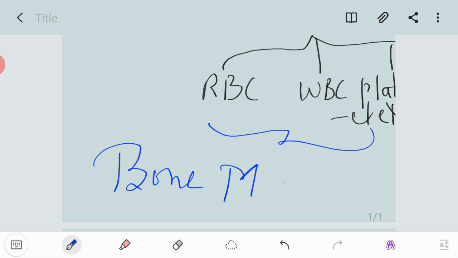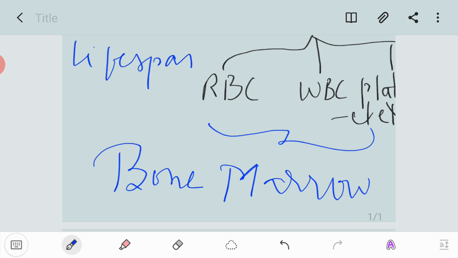So remember, they are produced from bone marrow. And the lifespan of an RBC is 120 days. After 120 days, these are destroyed.